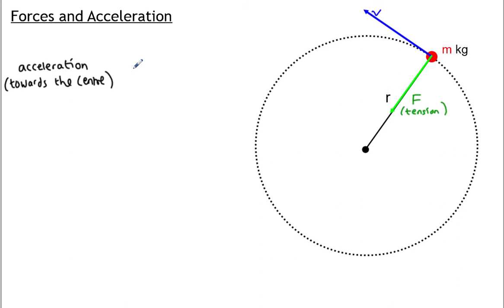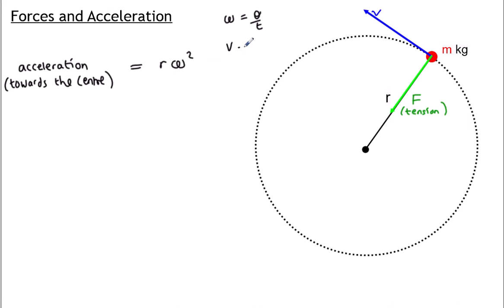The acceleration, which is always towards the centre of the circle, is given by r omega squared. You can look up a proof if you want. You don't actually need to know the proof for this. So the acceleration is given by r omega squared. Now remember that omega is theta over t, our angular speed. How quickly we're turning.